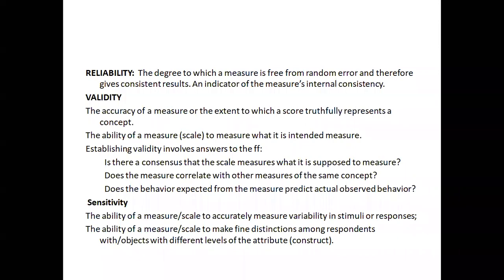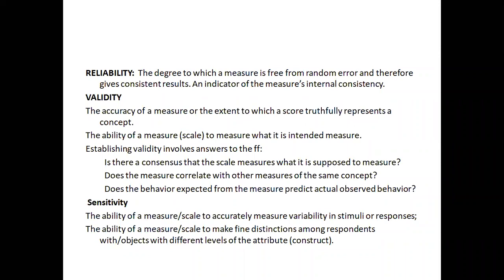And the third one is sensitivity, that is the ability of a measure or scale to accurately measure variability in stimulus or responses. The ability of a measure or scale to make fine distinctions among respondents or objects with different levels of the attribute. That scaling technique should have an ability to measure variability in stimuli or responses. It should not be the same for everyone.